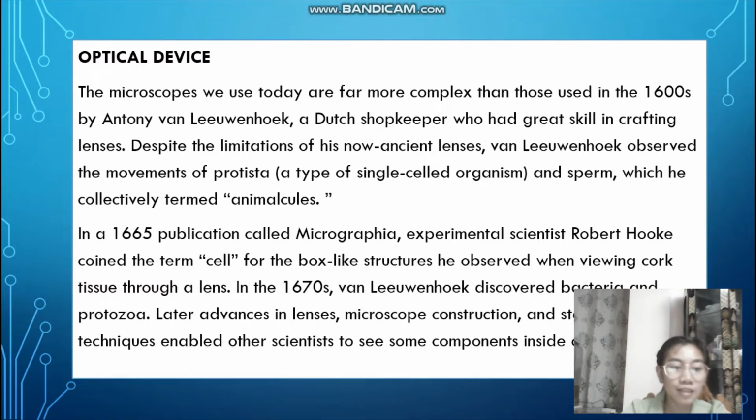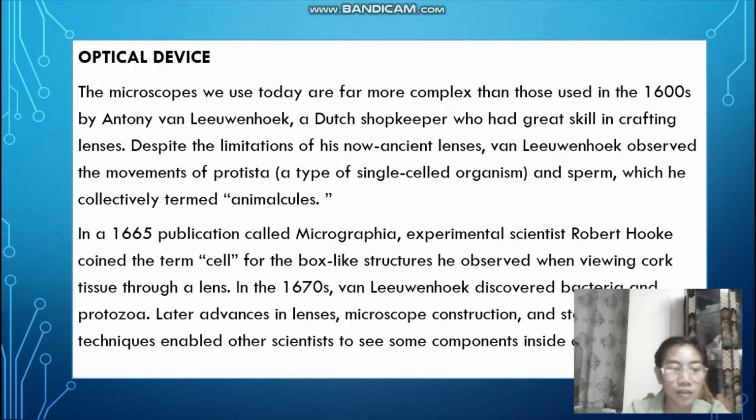In his 1665 publication called Micrographia, the experimental scientist Robert Hooke coined the term cell for the box-like structures he observed when viewing plant tissues through a lens. And in the 1670s, van Leeuwenhoek discovered bacteria and protozoa.